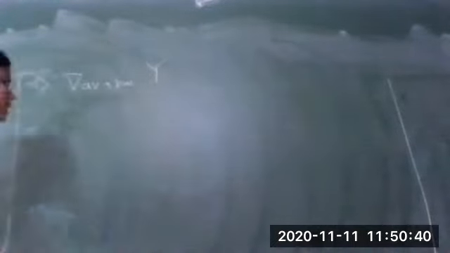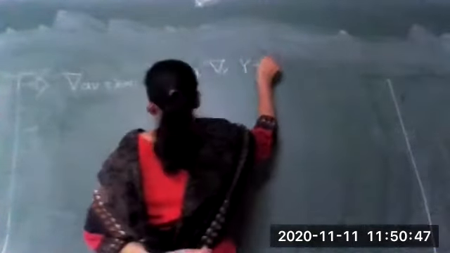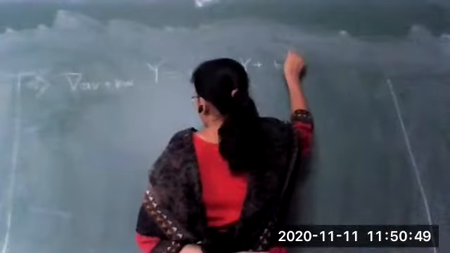Okay, so if I want to find the answer, what should the answer be? We have to prove that it is equal to A times del V Y plus B times del W Y. Okay, so let us prove it one by one.